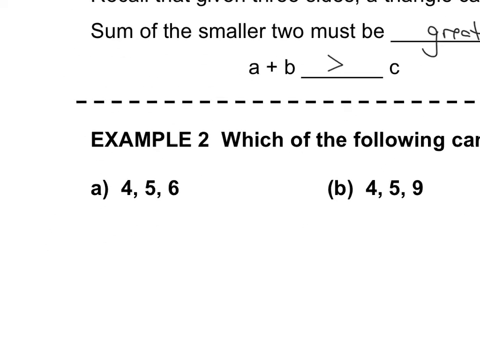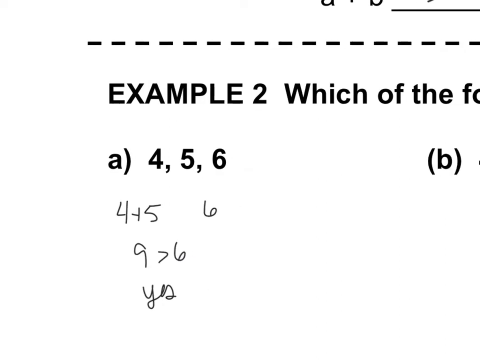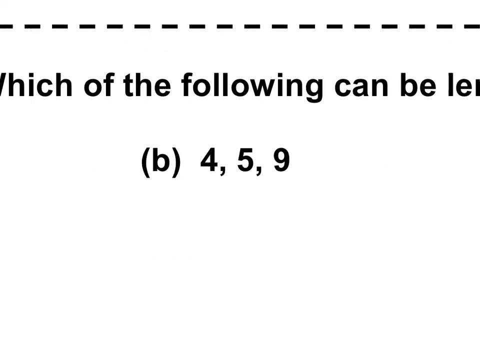So let's look at this bottom one. This will lead into what we're doing later. I'm going to take the two smaller, 4 plus 5, and compare them to the longest side, 6. Well, I know that 9 is bigger than 6, so yes, we have a triangle. Now the next one: 4 plus 5, and I'm going to compare that to 9.